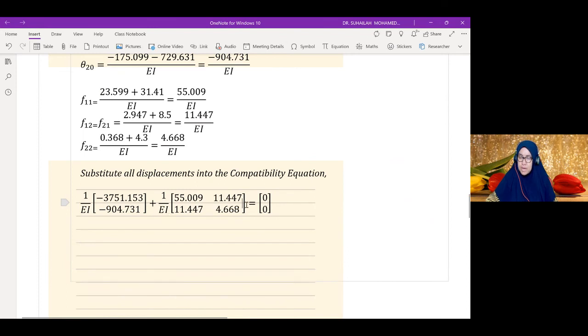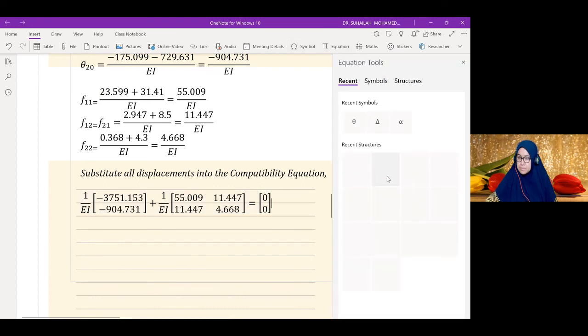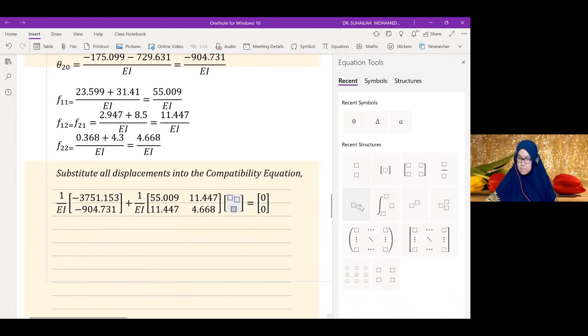Sorry, I forget to put redundant here. If it's redundant, CY and MD, not MA, MD.